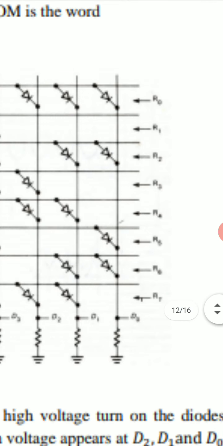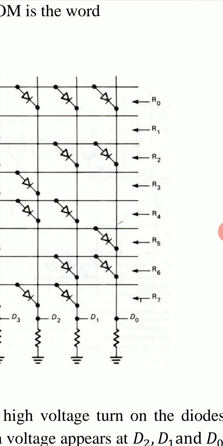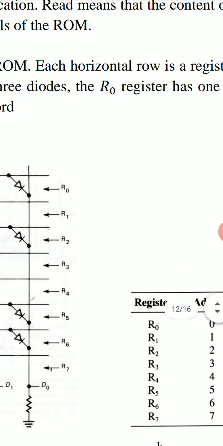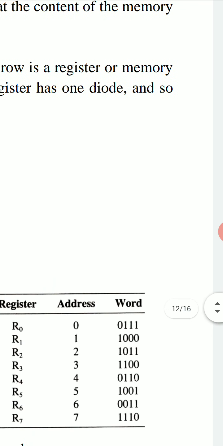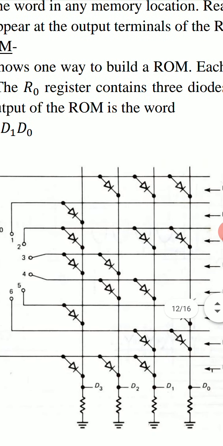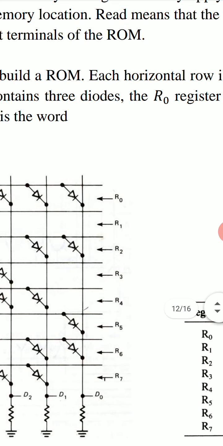Each register represents a memory location and it can store a binary word. The R0 register contains 3 diodes.